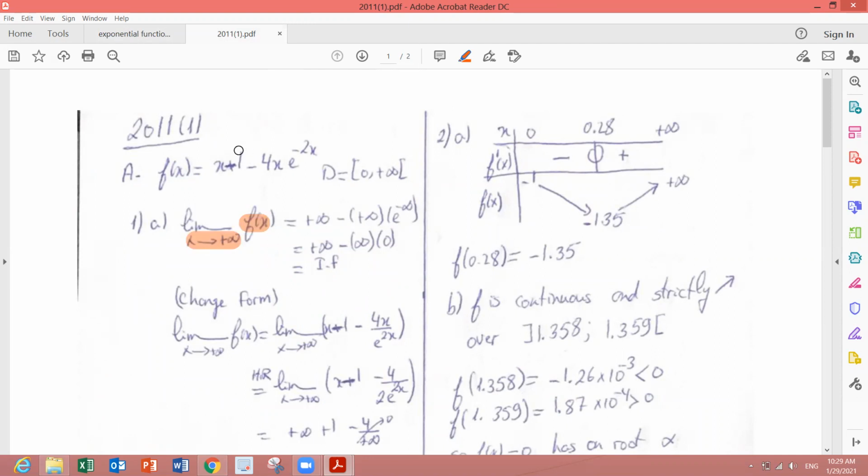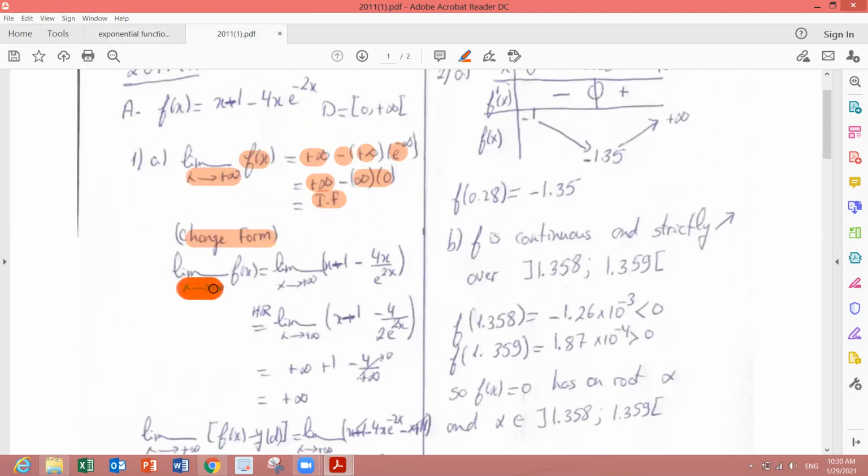The easiest way, first we replace each x by infinity. Infinity plus 1 is plus infinity. Minus 4 times infinity is minus infinity times e to the minus infinity. Infinity times 0 is indeterminate. We have to change the form. Most of the exercises we have solved كلهم عم يطلعوا infinity times 0.